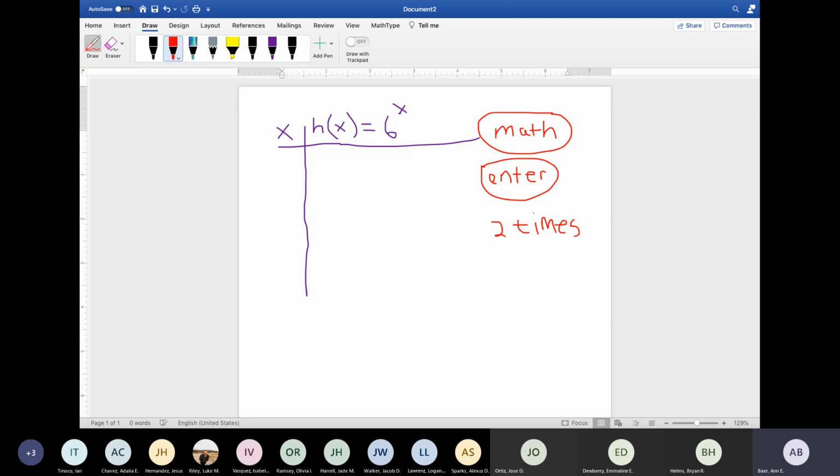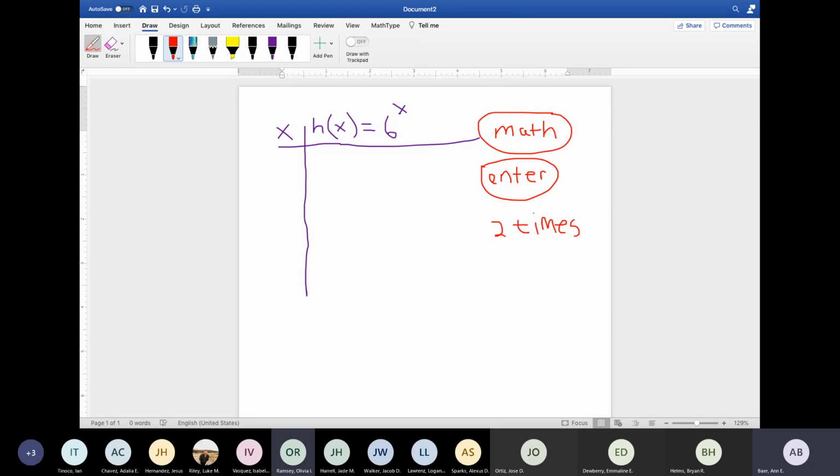If you do that when you have 0.25, what do you get? Can anyone tell me what you get when you do math, enter, enter? Please enter 0.25 on your home screen, then hit the math key, and then hit enter twice.